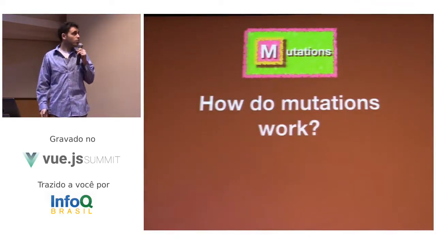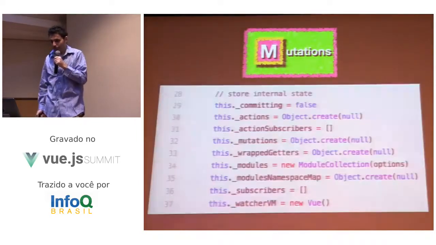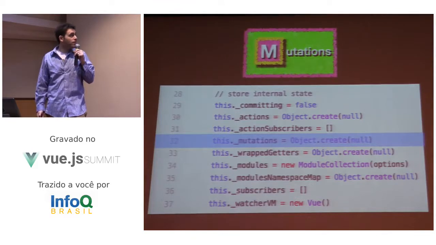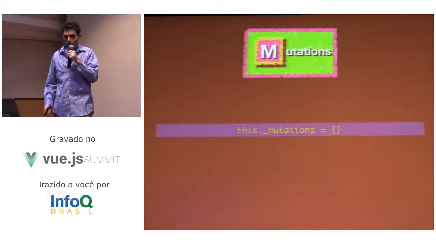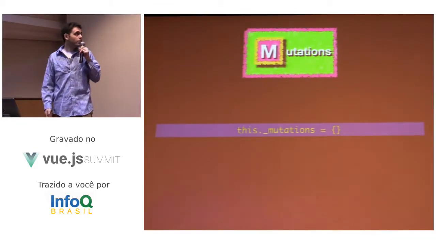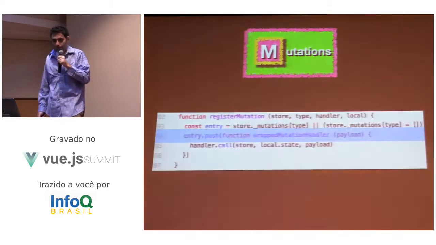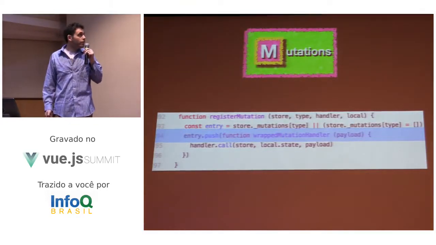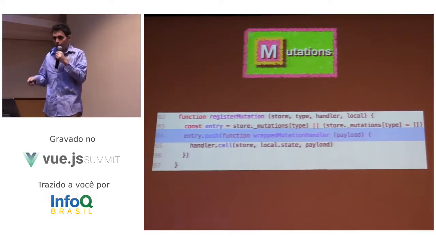How do mutations work? Mutations are also no big deal. It's kind of mind-blowing. So here's your mutations object, same exact thing, empty object. And that's just like saying this._mutations is equal to an empty object. Similar thing, slightly different, but when it registers the mutation, it pushes in a function that it can wrap it in so that it can call it.